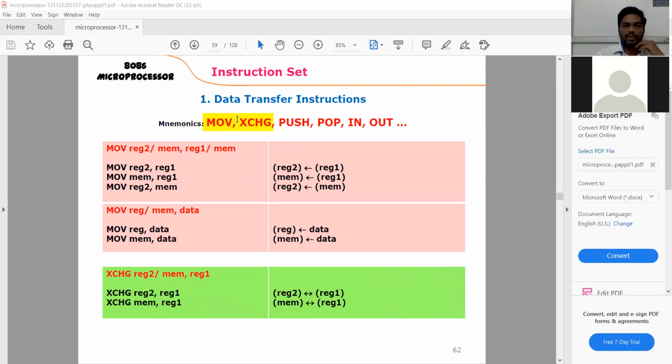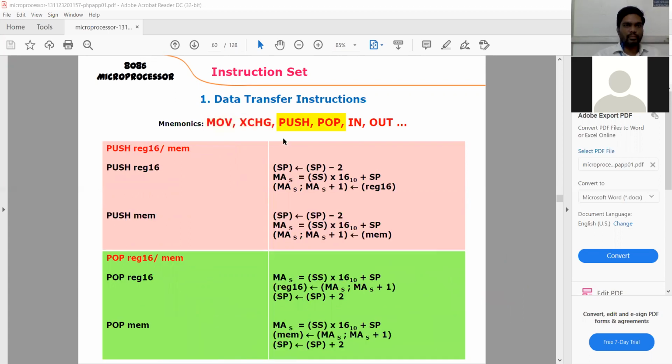Let us move on to the next category. Push and pop instructions. These are special types of instructions which are used for operating the stack pointer. We have a stack segment inside the memory of the microprocessor.